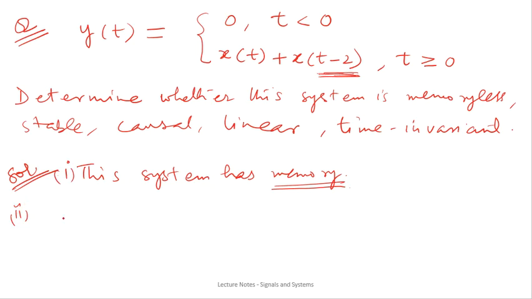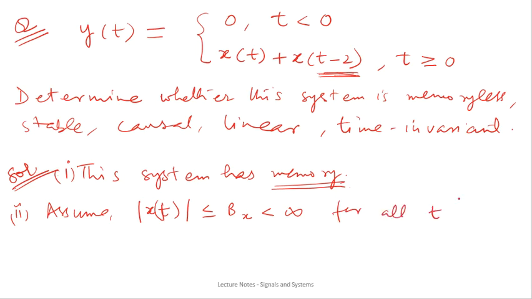So for checking the stability, you first assume that the input xt satisfies this condition, that means it is bounded. Bx is any finite value which is less than infinity. This thing we had discussed when we were discussing the stability. So let us just assume that xt is a bounded, finite value.